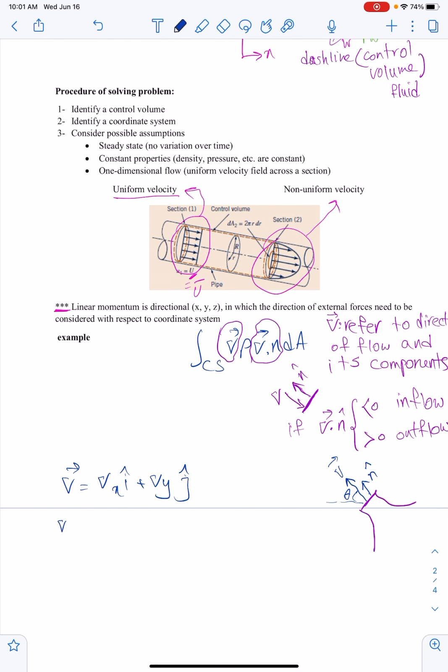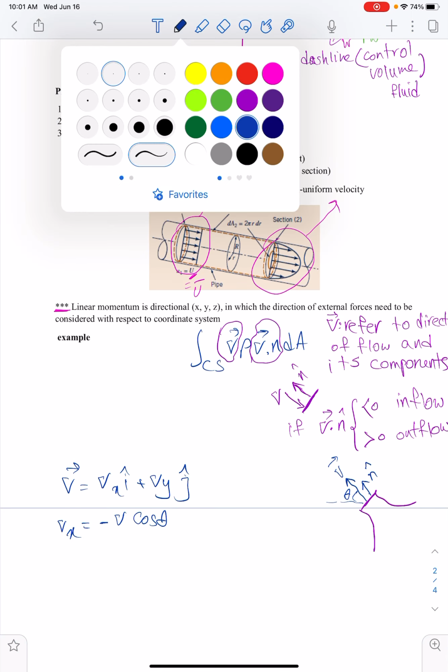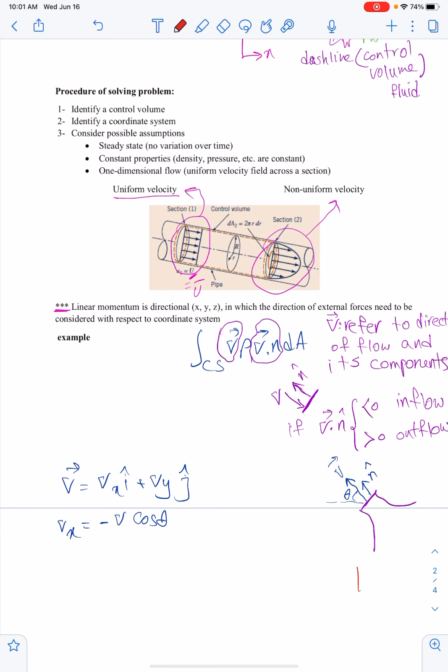And what is Vx? We can look at the figure, and we have theta here. So Vx is going to be minus V times cosine theta, because in my coordinate system it is in the opposite direction of the positive x, so it's negative.